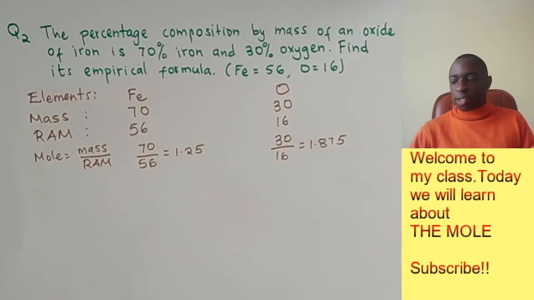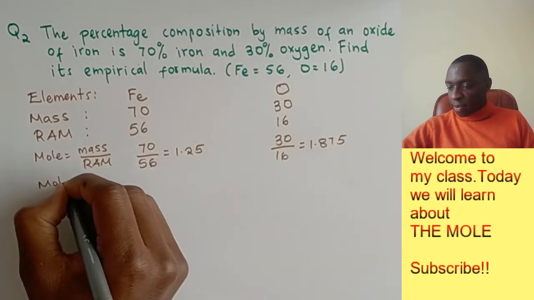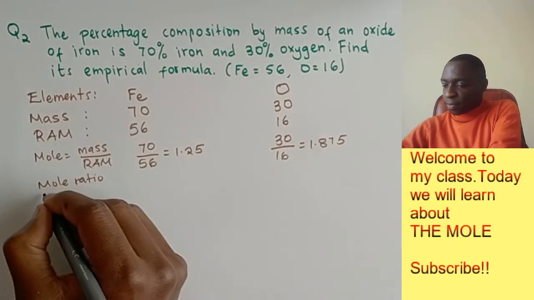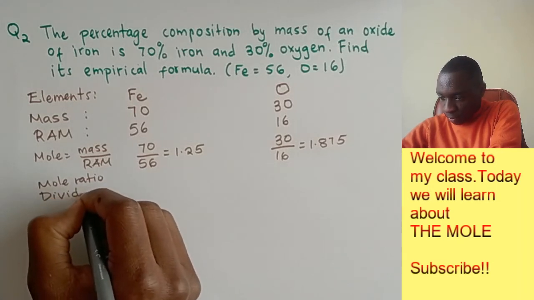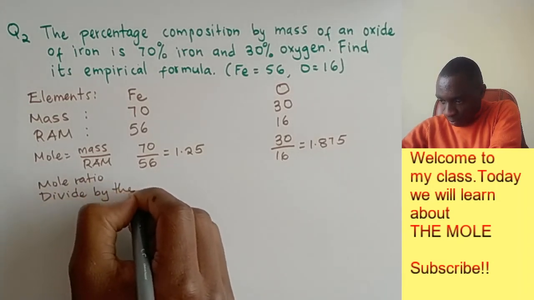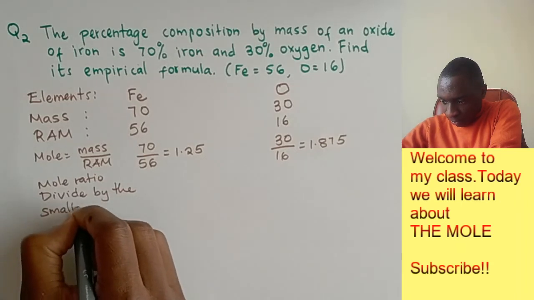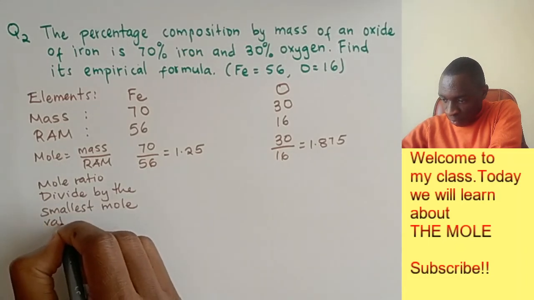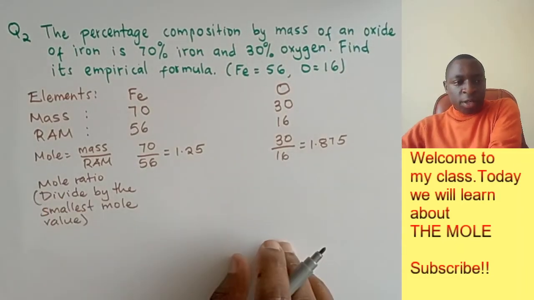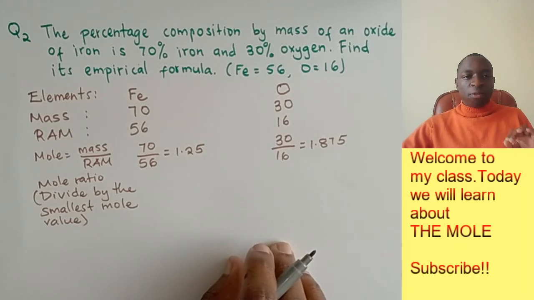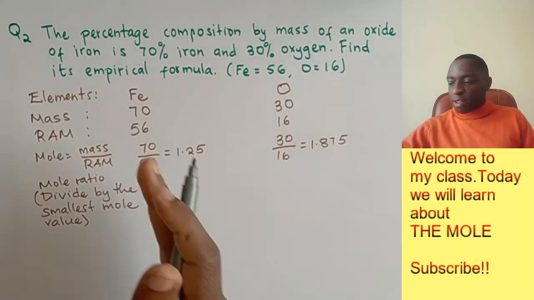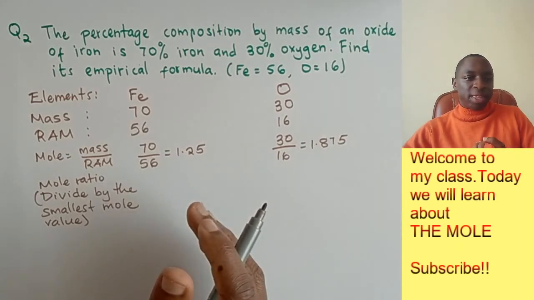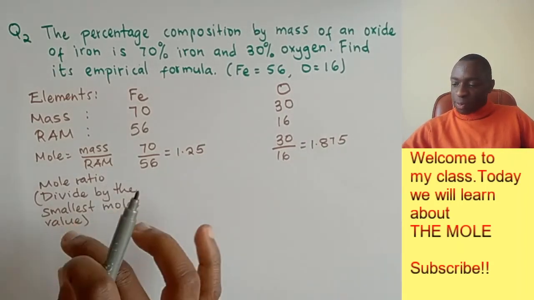The mole ratio is given by dividing by the smallest number. So I've put it there: divide by the smallest mole value. Now I say smallest even though we are comparing two things, because I know in some cases we might have more than 2, so I'll just put it as a bracket statement.